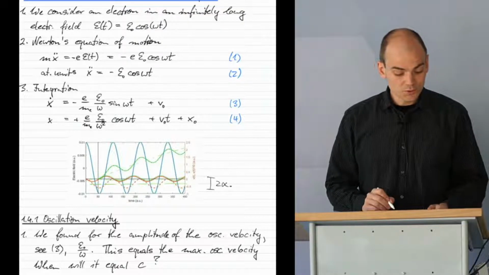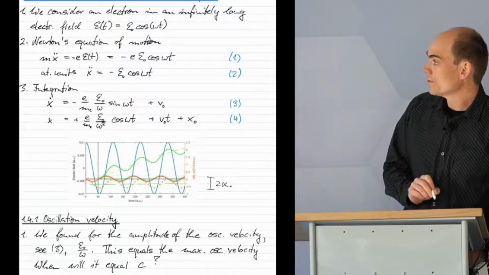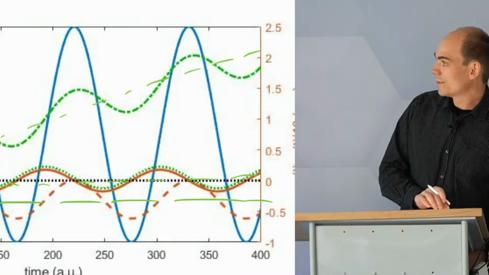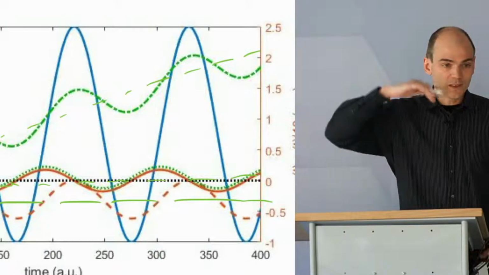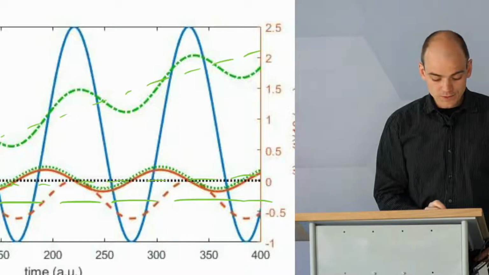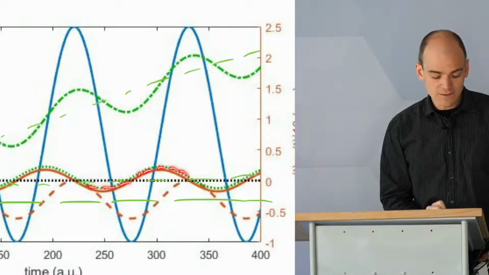location. And the velocity, these graphs here, there are 2 graphs that are almost on top of each other. If I zoom in, you can see it better. But one is offset a little bit in the positive direction. The drift velocity would be the average of this dotted line.